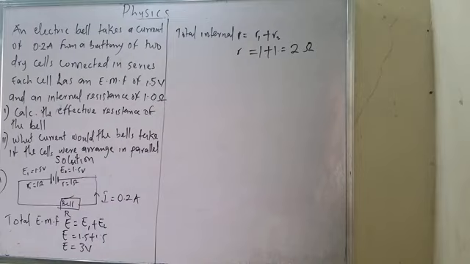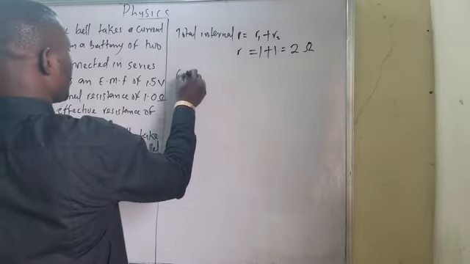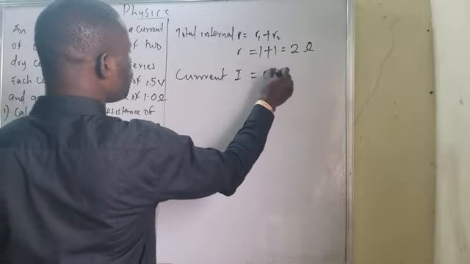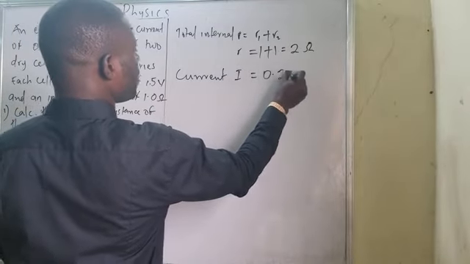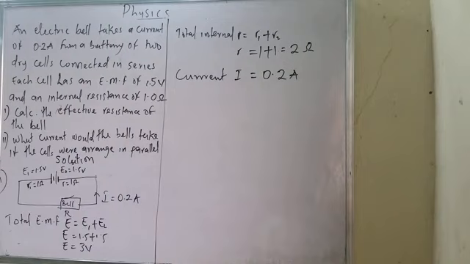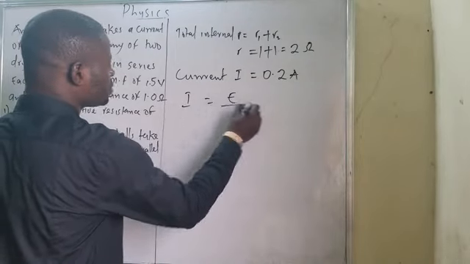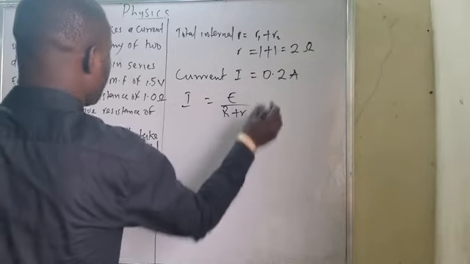Since I have this, what else can I do? What is my current? I need my current also. My current, I, equals 0.2 ampere. We all know that current equals electromotive force divided by R plus small r.